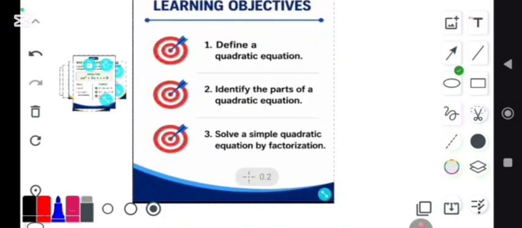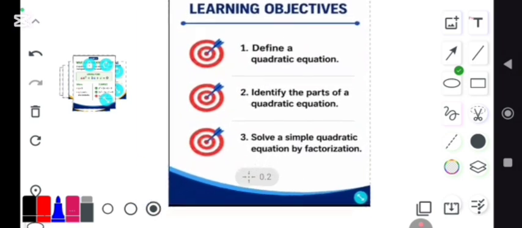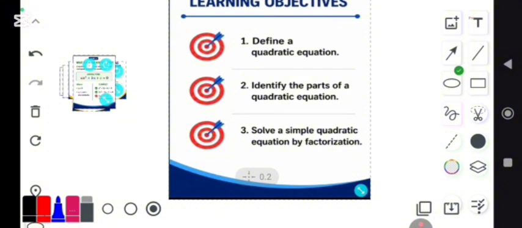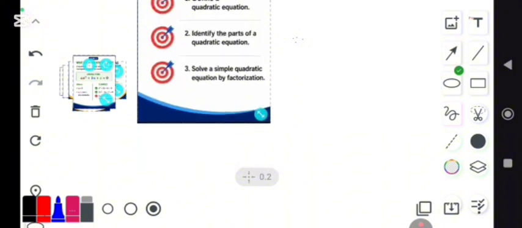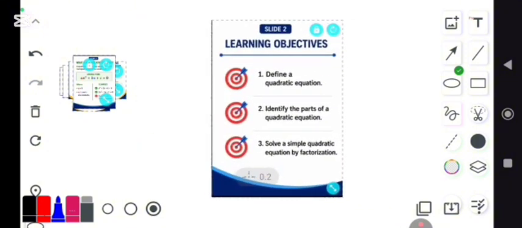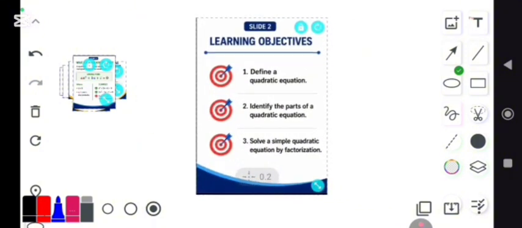At the end of the class, you are expected to be able to identify the parts, and ultimately, number three, you should be able to solve a simple quadratic equation by factorization method. These are the learning objectives.